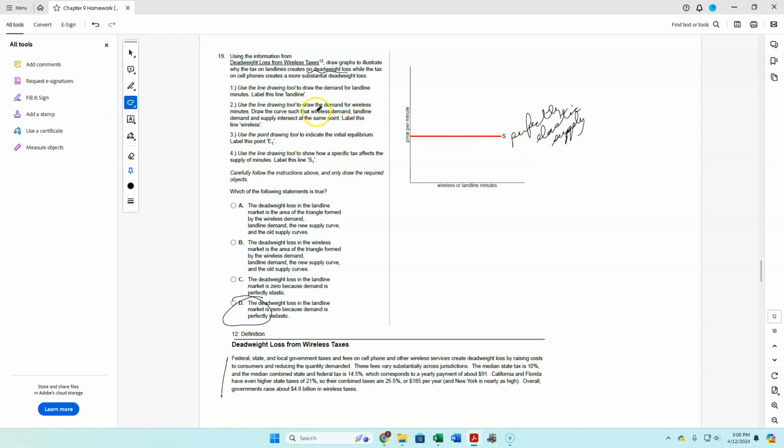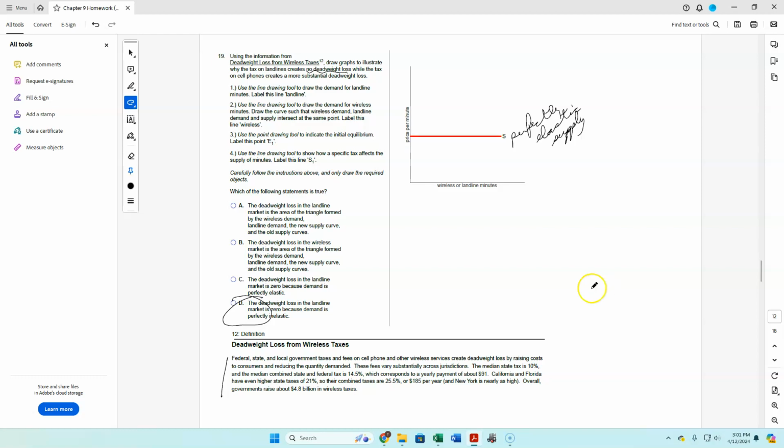Now, for the demand curve, where landline demand and supply intersect at the same point, then essentially what you would need to create for yourself here is a situation where the demand curve was completely vertical.